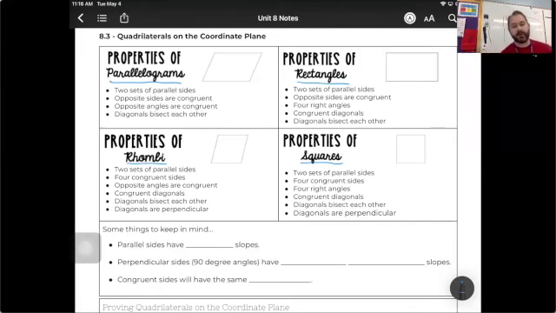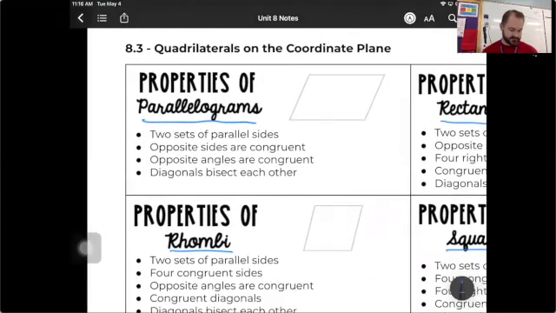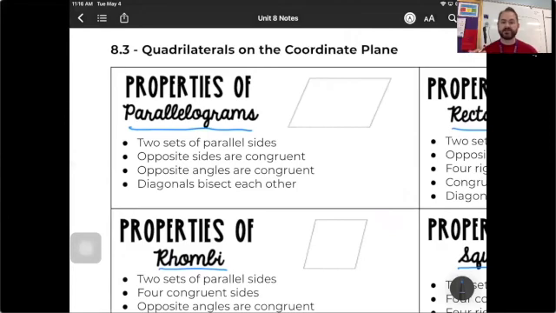Now, parallelogram is our first classification. In any parallelogram, there are two sets of parallel sides, and opposite sides are also congruent. And so the way we condense those two is by this criteria, that opposite sides are parallel and congruent.